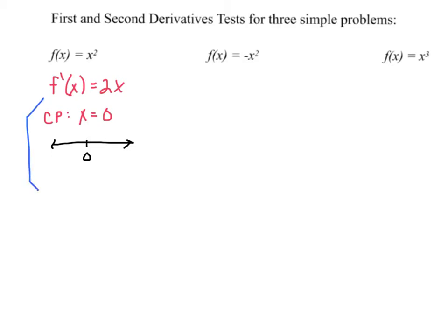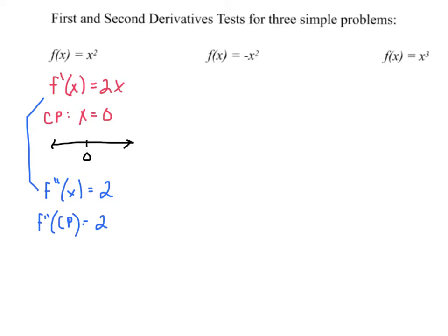So let me go down here. The second derivative, of course, is just 2. It's always positive. And because it's just 2, I don't probably need to do this, but I want you to think about, if I plug the critical point, I'm just going to put CP for critical point, or any point in, I'll get 2.